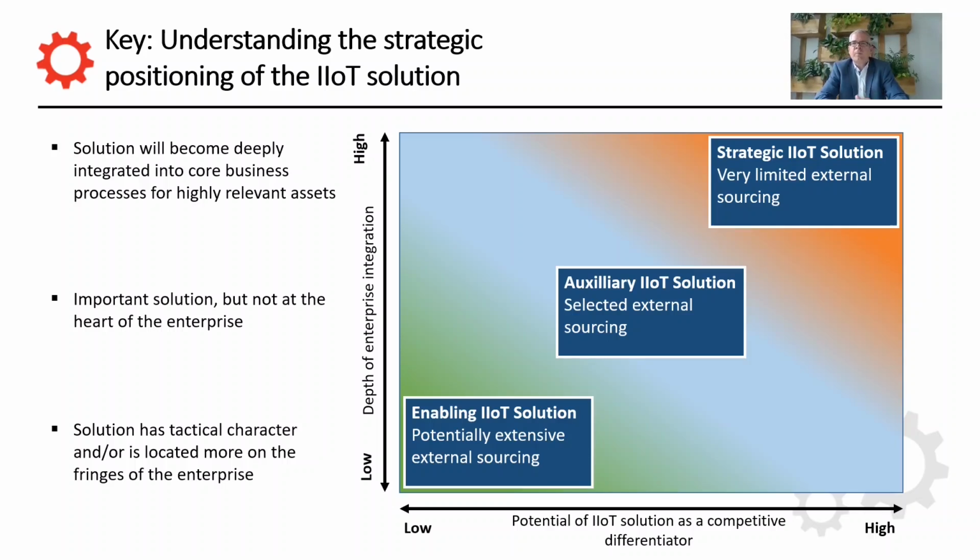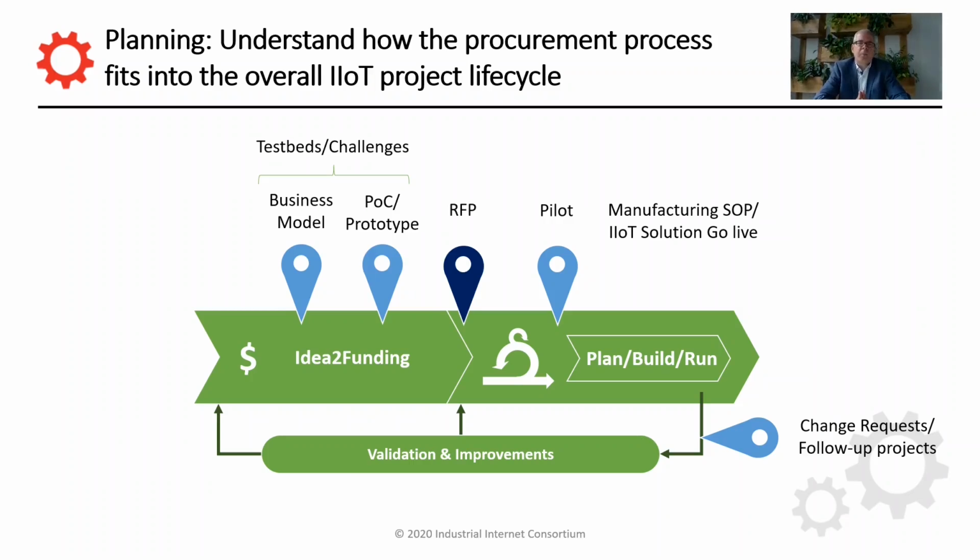The other extreme, obviously, is a highly strategic, deeply embedded IoT solution where your external sourcing options will be much more limited. And especially from a long-term maintenance point of view, you have to make sure that you can really control this application. So that's really what you need to look at the beginning of your planning process.